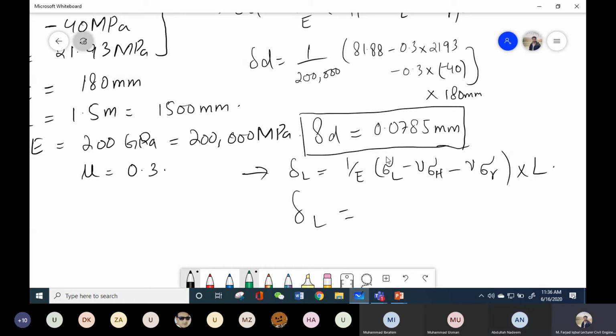Can anyone else confirm this answer? 0.109. So I think the answer is 0.070.